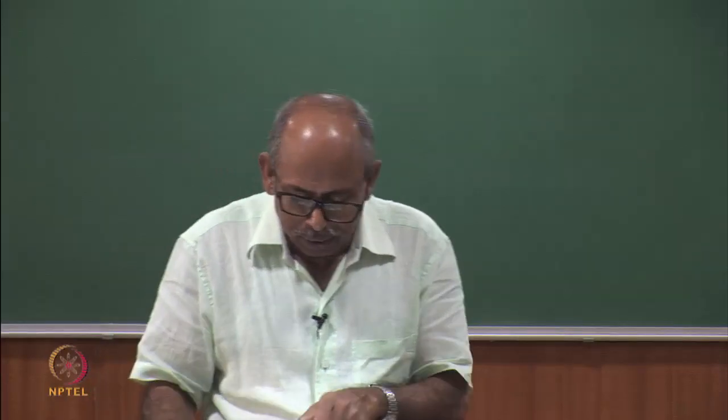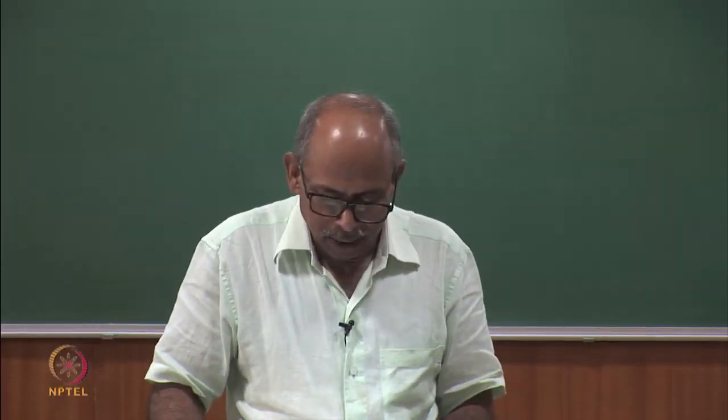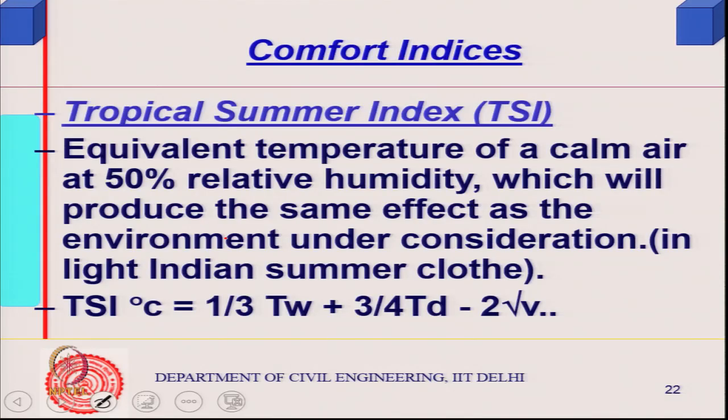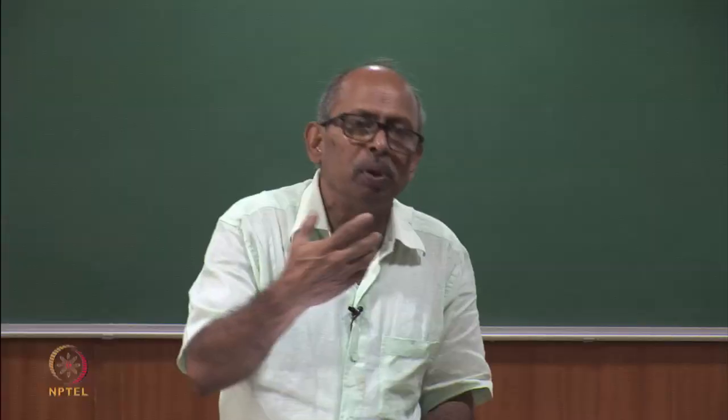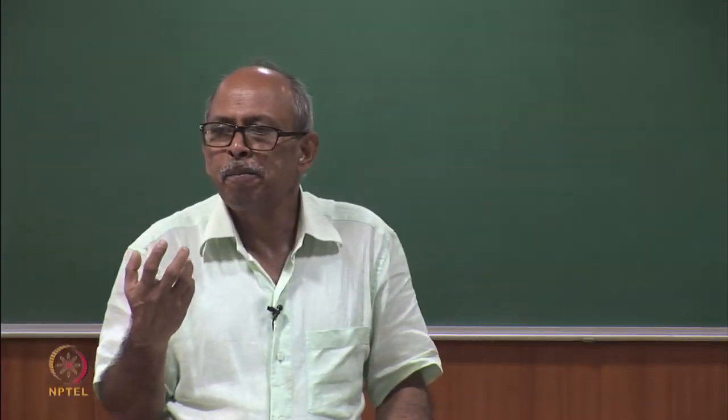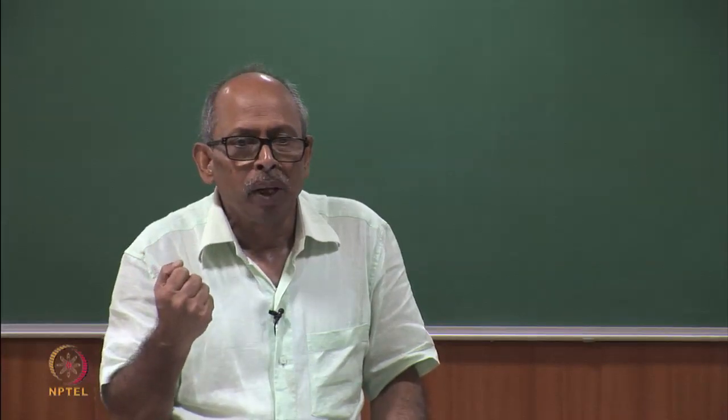The simplified form of the empirical equation is something like this. TSI, the tropical summer index, is actually 0.3 times TW, the wet bulb temperature, plus something like 0.74 times the dry bulb temperature. They measured from the response of the subjects.